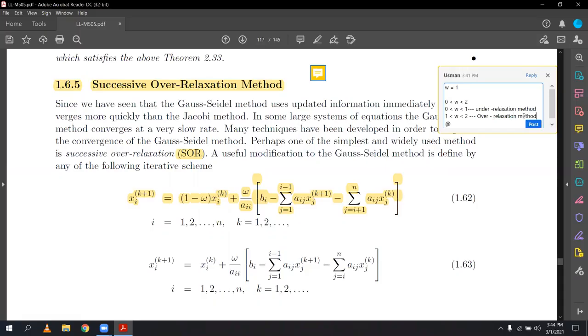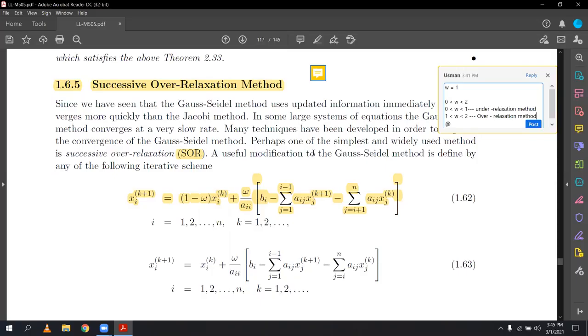Now, what are the basic conditions for this one? If you remember, when we started the first iterative method, the Jacobi method, we checked one of the examples we discussed, and we saw Jacobi method converges very slowly.